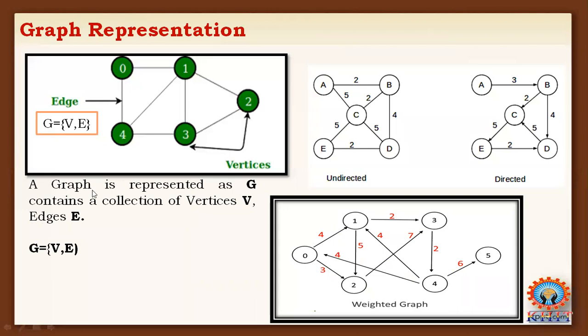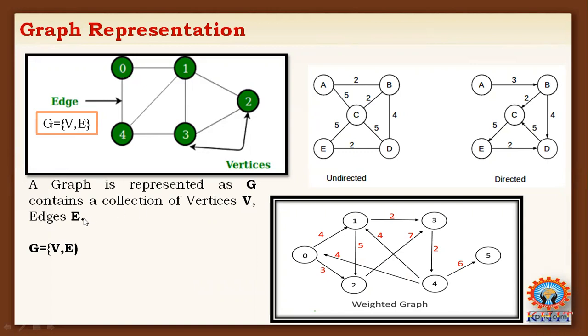Consider a graph represented as G, capital G is the graph, and the graph G can contain vertices. How many vertices? A collection of vertices, namely 0, 1, 2, 3, 4. These are considered as vertices.